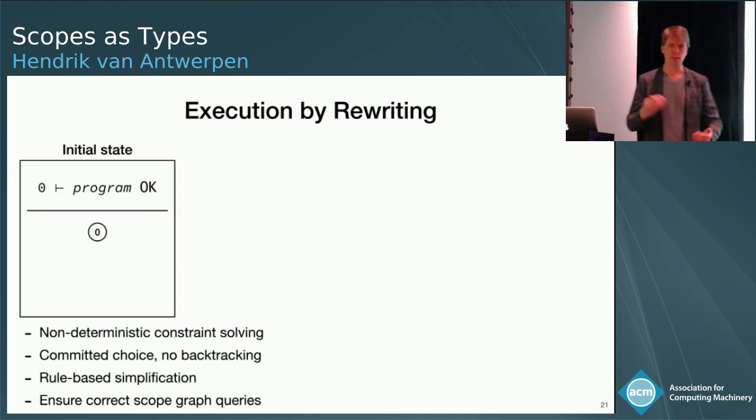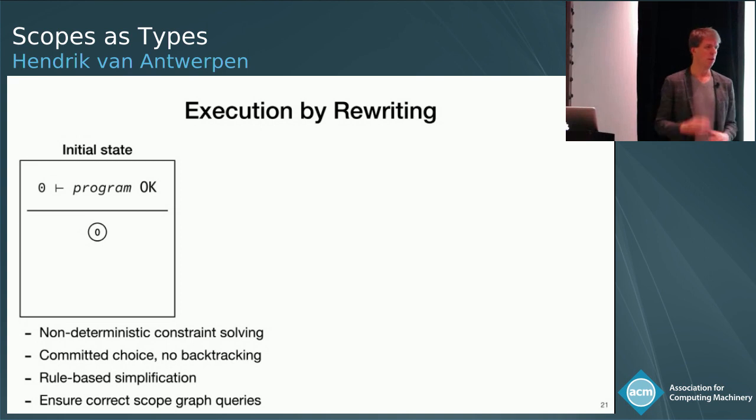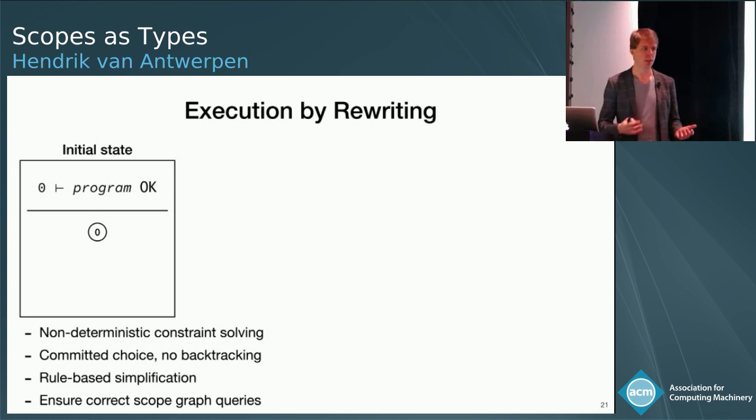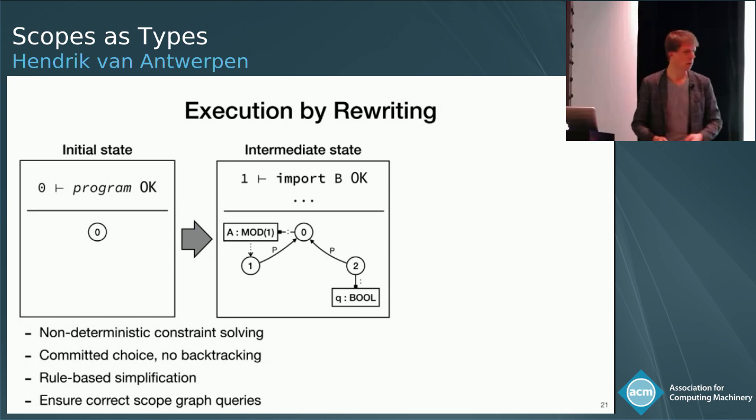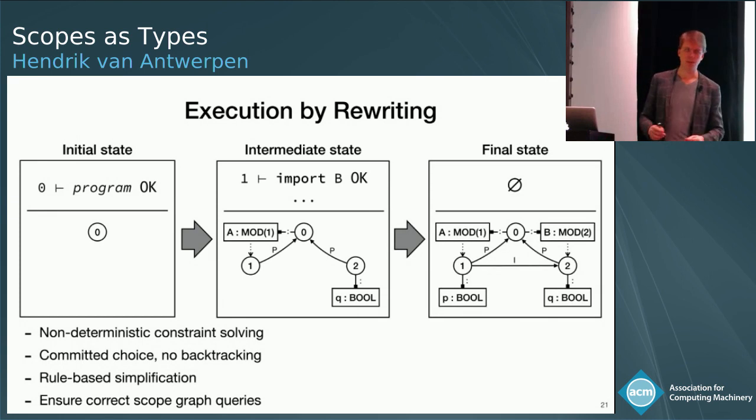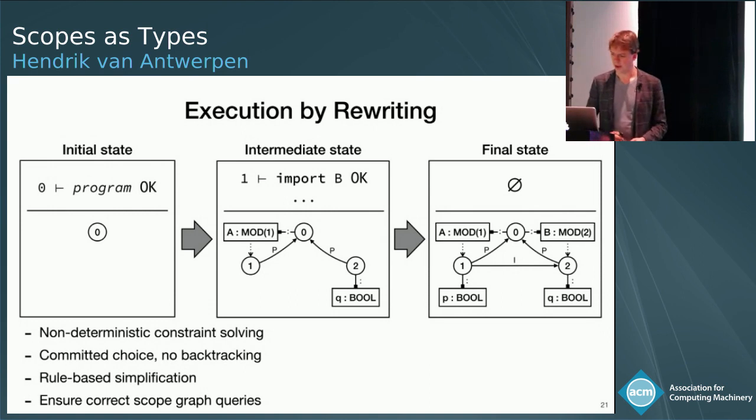And it uses this safety mechanism to ensure that the order in which we solve the constraints, which is non-deterministic in general, is constrained so that we don't resolve any queries too early. So we start with an initial state here, and then we rewrite some stuff, and we start constructing the graph. And of course, we hope that we can reach a final state where we have no constraints left, and then we know that the scope graph that we created is the scope graph corresponding to this program, and that all our type constraints worked out, and everything is well.